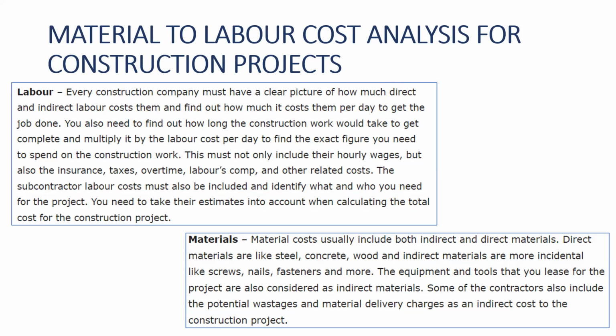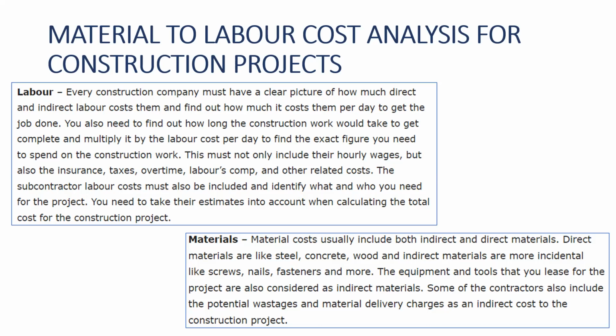The indirect materials are mostly incidental materials like screws, nails, fasteners, and so on. We can't say this is the number of screws, nuts, or nails we need for a particular work. So those are indirect materials.